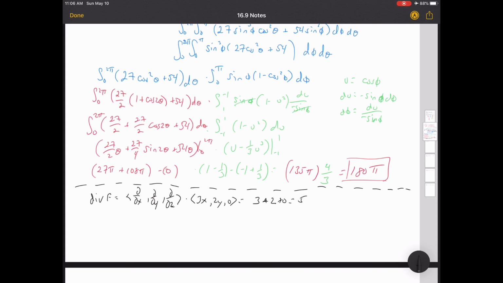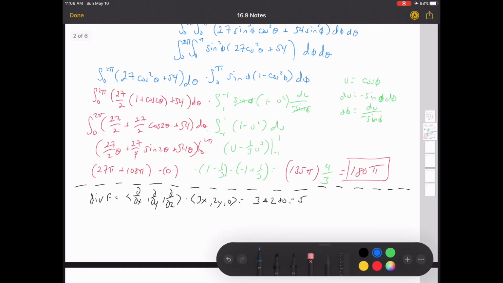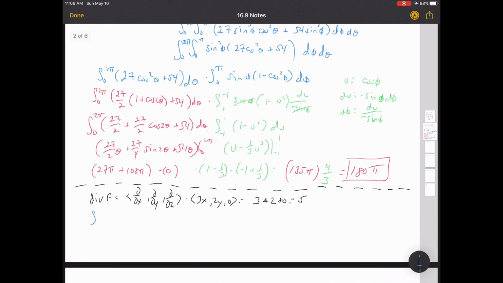And according to this, we are taking the triple integral of the divergence, and we're going to do this in spherical coordinates. So let's set up our triple integral in spherical. So we're going to take the divergence of 5. We are doing it in spherical coordinates. Now we haven't parameterized anything. There's nothing to parameterize here in this case. So we're going to do it in spherical, which means we do need the extra component of rho squared sine phi.